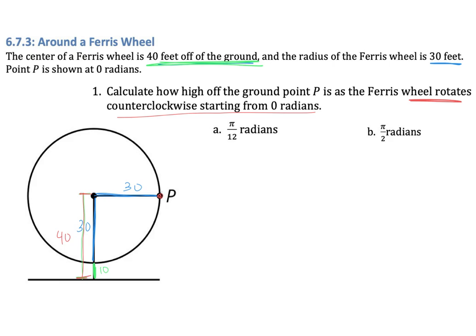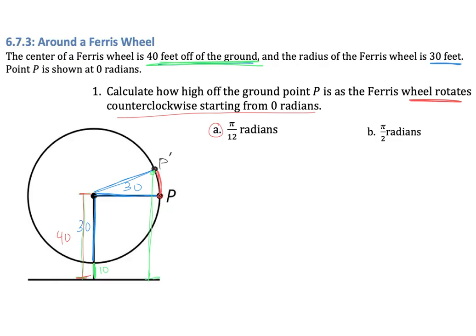Well, it's going to rotate. So we have letter A. We're going to rotate pi over 12 radians. So this radius is rotating pi over 12 radians until we get to here. So this is my new point P. So we'll call that P prime because we've had a rotation. So we are trying to find the distance from this point P prime down to the ground.